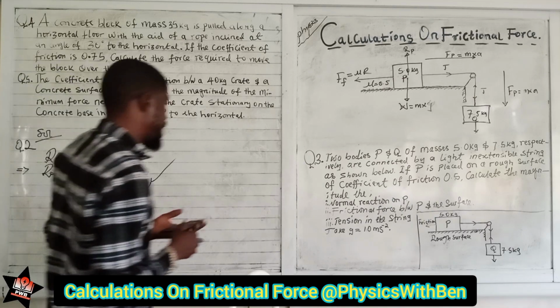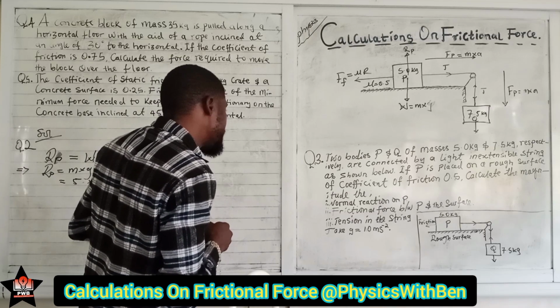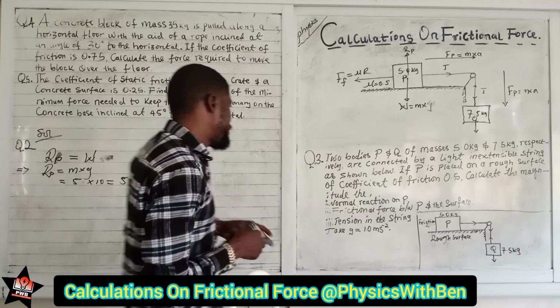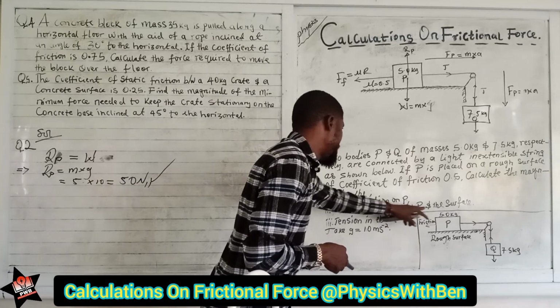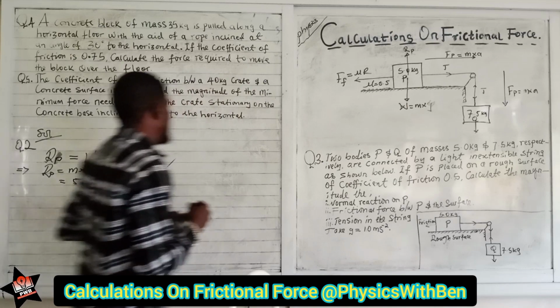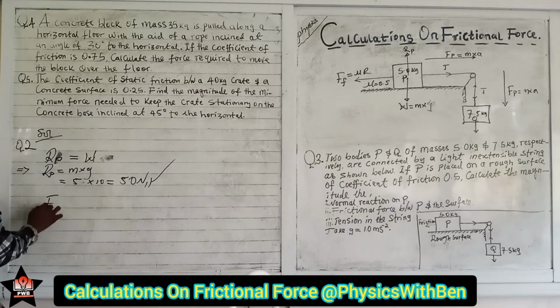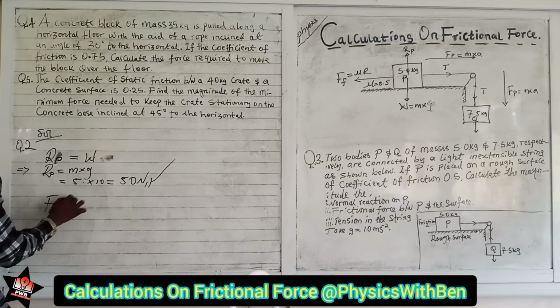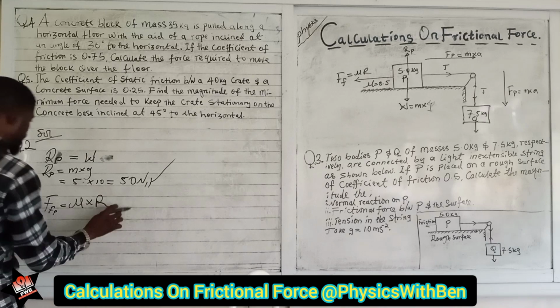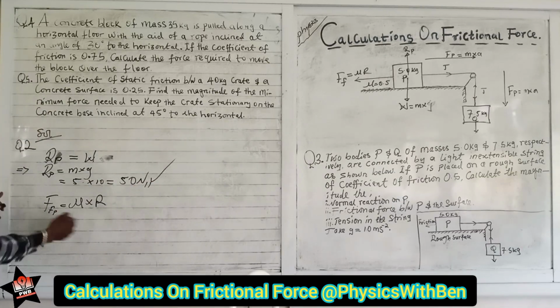And so the next thing they ask us to calculate is the frictional force between P and the surface. The frictional force on P equals mu times R. Because we have found the normal reaction, we just plug in the values and substitute.